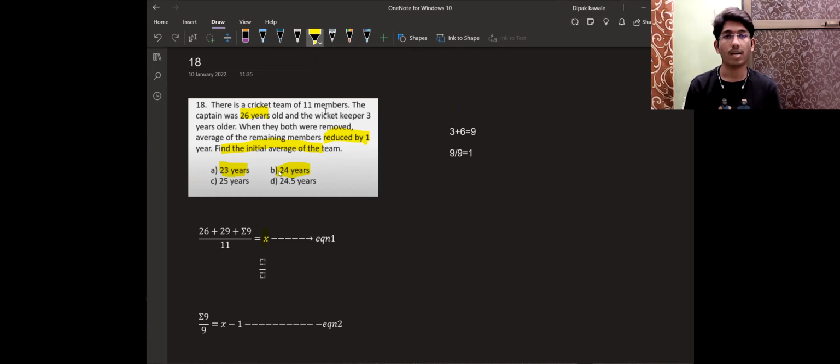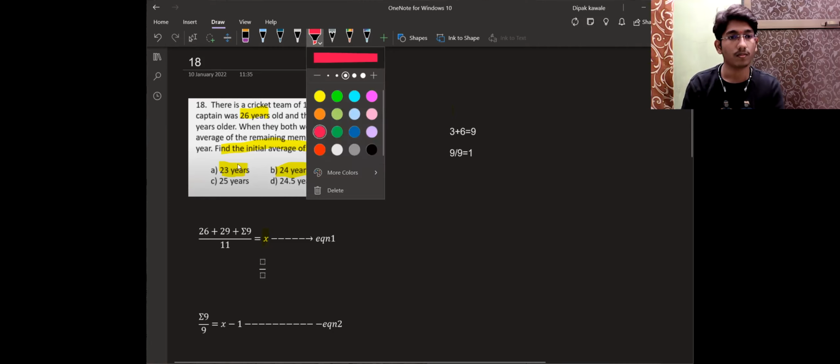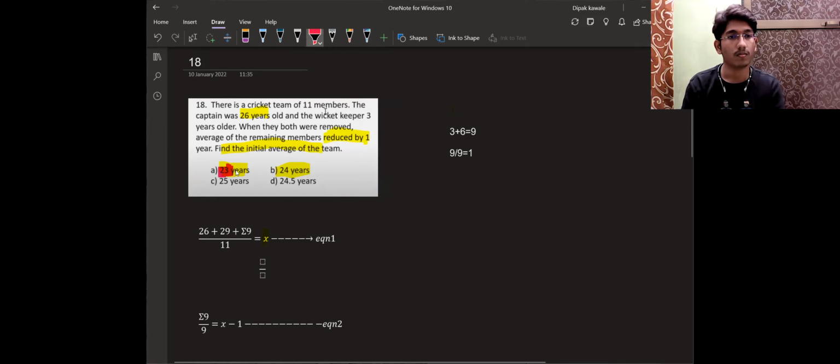We can't do that, because it is said that the average is reduced by 1. That means all the 9 people reduce one year of their average age. So that is why it is 23 years. This is the right answer.